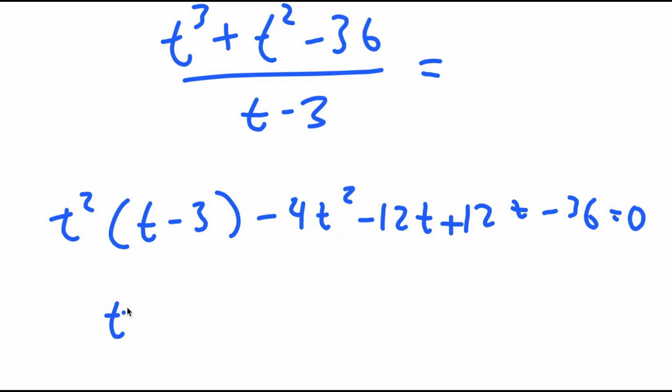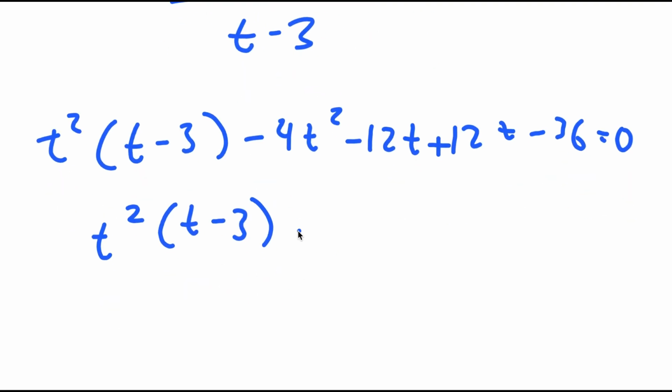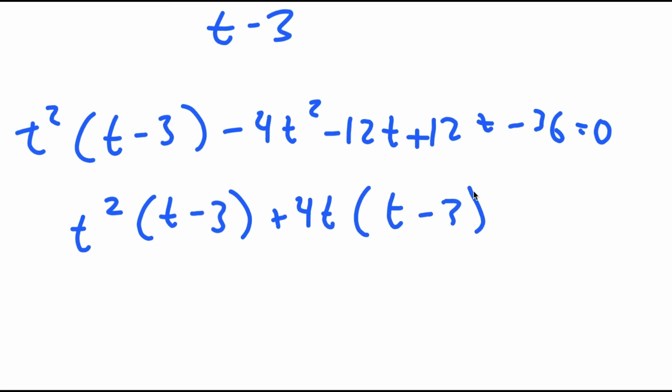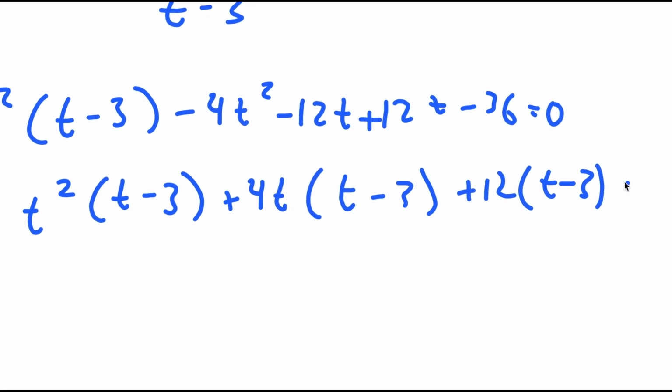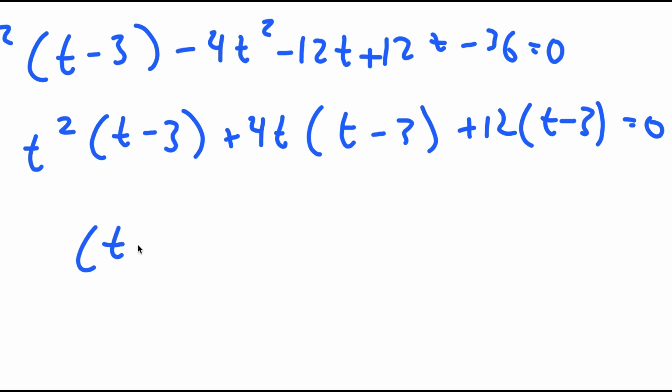And I can factor out t from here. So I have this times t minus 3, and I can factor out 12, so I get 12 times t minus 3. Now from here, if I factor out t minus 3 from all of this, I get t minus 3 times t squared plus 4t plus 12.